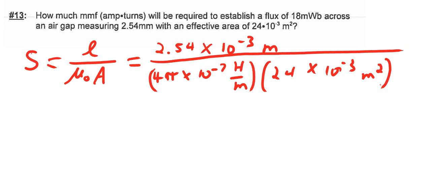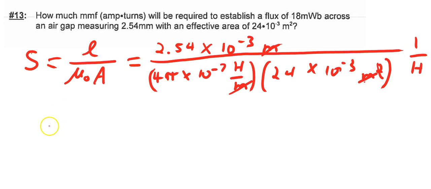And so here, if you note the units, we have meters cancelling with meters, meters cancelling with meters, and so our unit is basically 1 over a Henry, and we'll find that that is consistent with the unit of reluctance, or amp turns per Weber is the unit given for that.